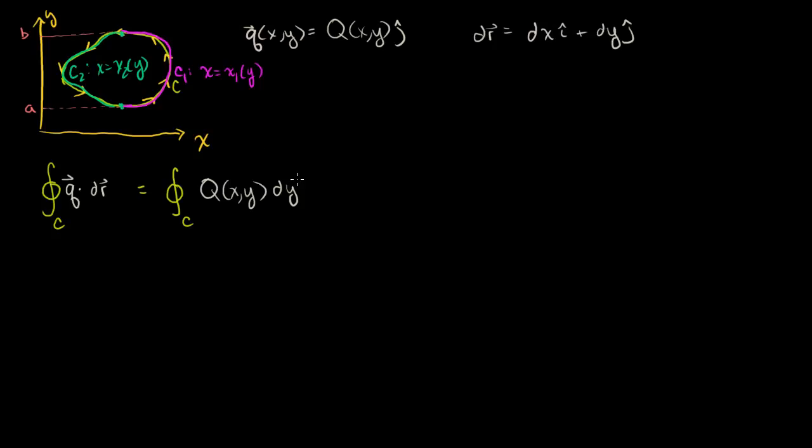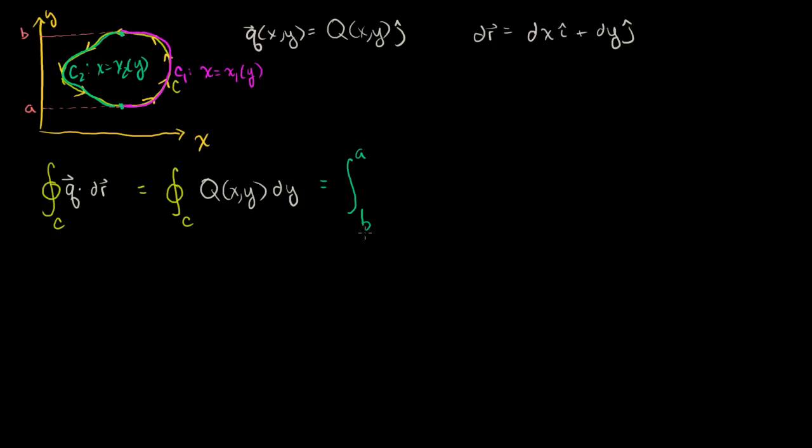This could be rewritten as being equal to the integral, well, let's just do C2 first. This is the integral from b to a. We start at b and we go to a, right? We're coming back from a high y to a low y.